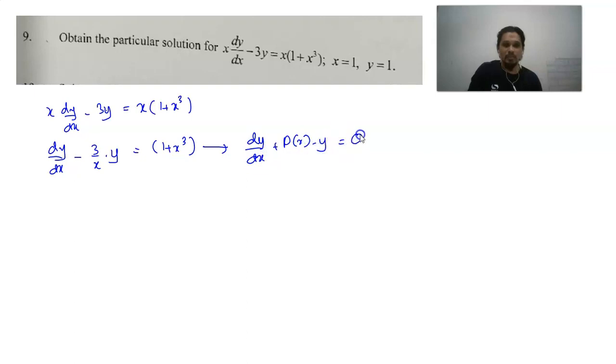So we divide by x here, here, and here. Then dy/dx minus 3 over x times y equals x divided by x times (1 plus x cubed). So this is exactly in the form of dy/dx plus P(x) times y equals Q(x).